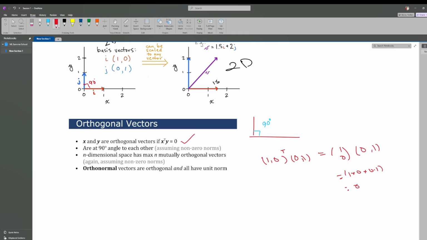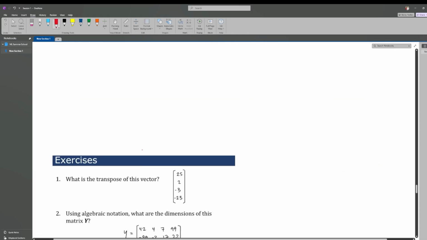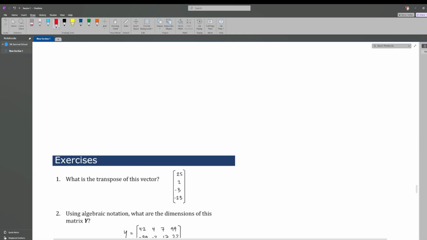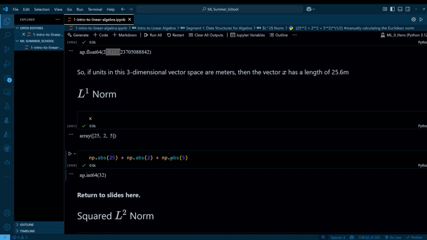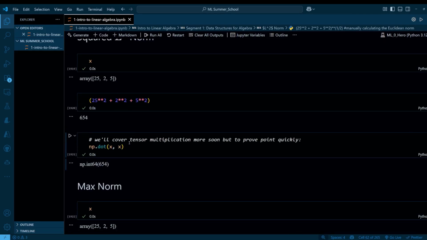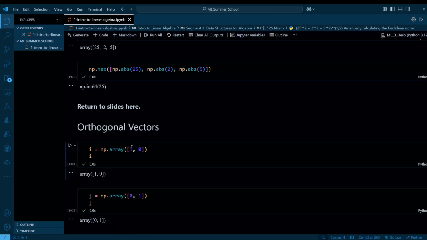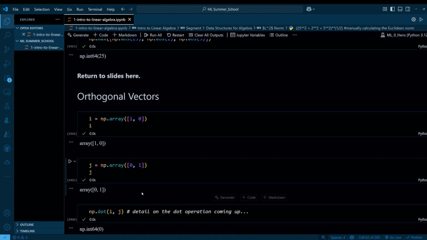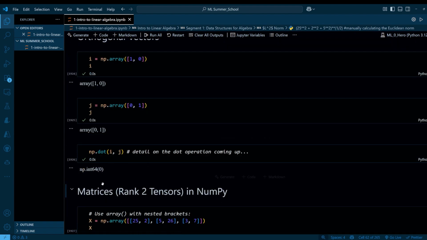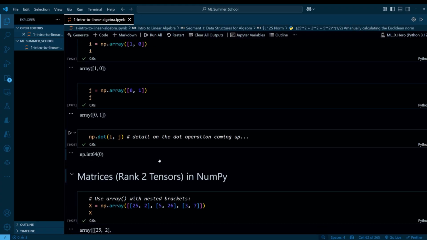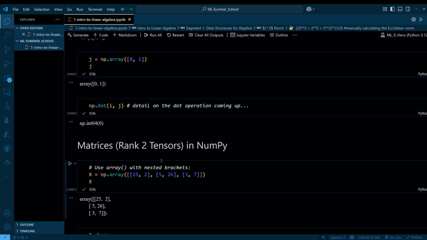When we use the dot product, if we get 0, we are good to go. If we come up here, in the orthogonal vector example, you can see the array (1, 0) and another array (0, 1). If we use the dot product of i and j, you can see 0. That means they have 90° between them. Orthogonal, great.